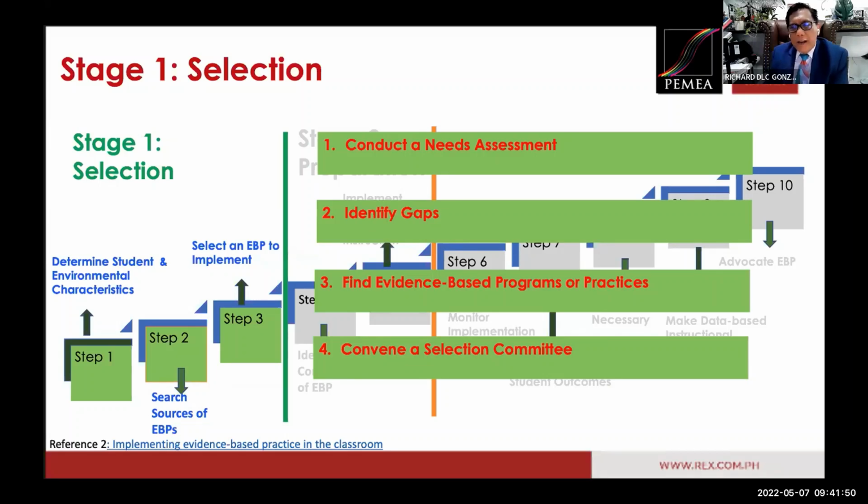Once you have narrowed down your search to a few program and practice choices, it is important to include representatives from various stakeholders of your school, like teachers, parents, principals, and even school staff. Because EBPs, by the way, are not the only business of teachers or school principals. Other school staff have to be involved as well.